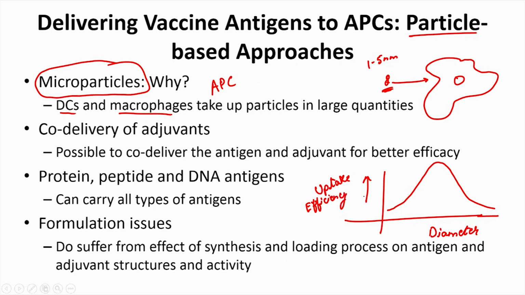So, now if I want to deliver subunit vaccine, what I am finding is as the diameter is decreasing, the amount of uptake in the antigen presenting cell is also getting lower and lower.